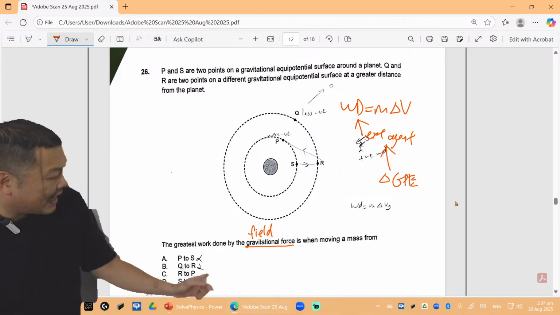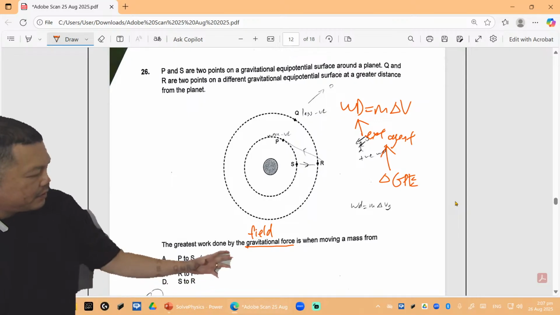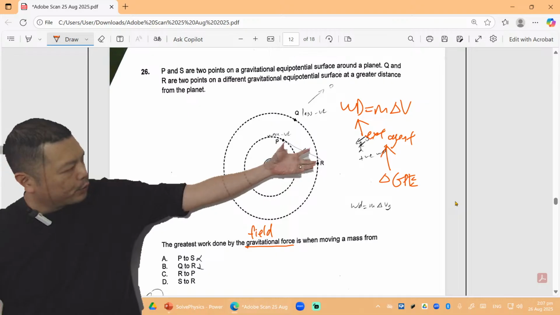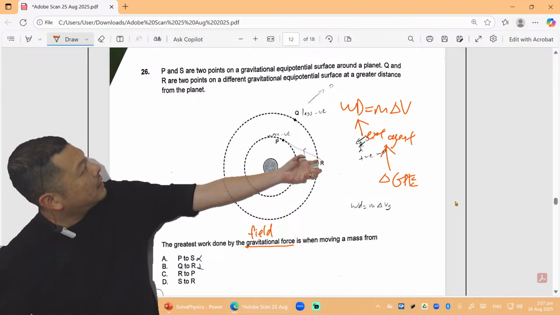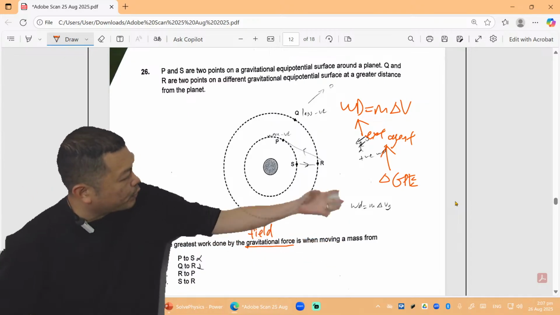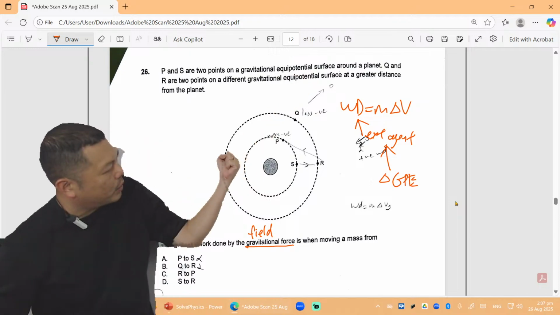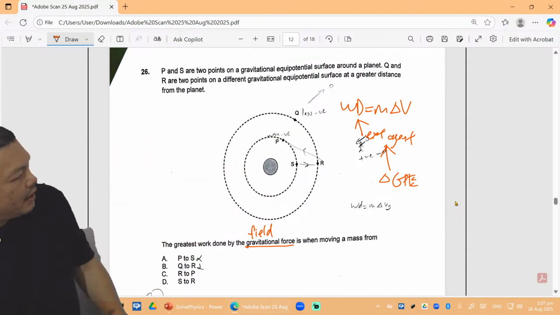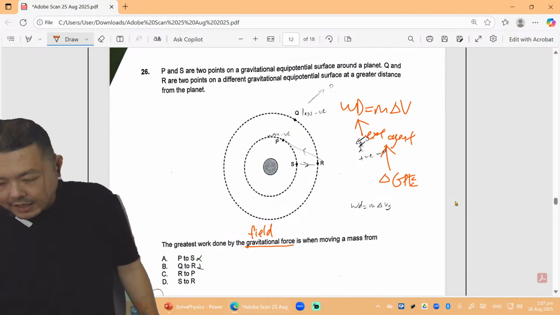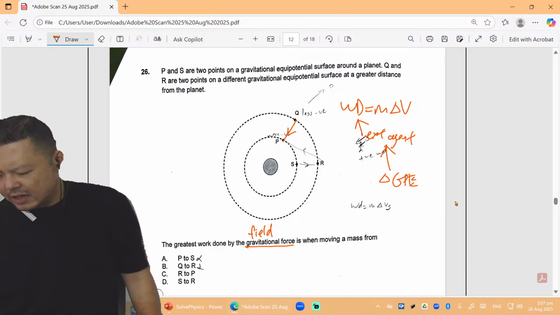But since they ask for the work done by the field, it's the opposite. The field always tries to pull a mass from an outer region to an inner region. So something like this would be the greatest work done already, from Q to P.